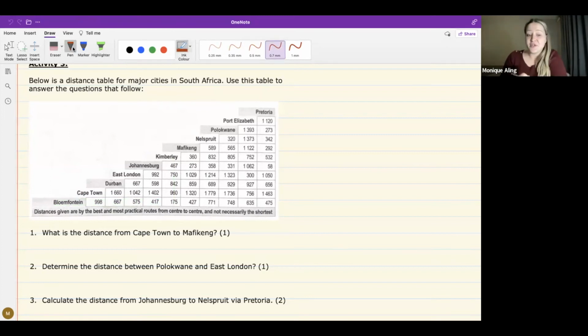So I find the two places. Here is East London, Port Elizabeth, and I will follow the lines until they meet, and that will give me the distance between the two places. Okay. So keeping that in mind, I'm going to ask you to try question 1 and 2 for me quickly.